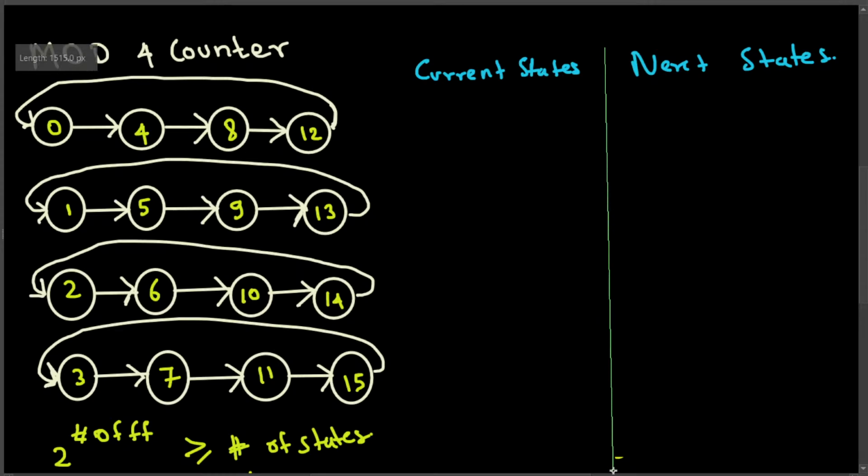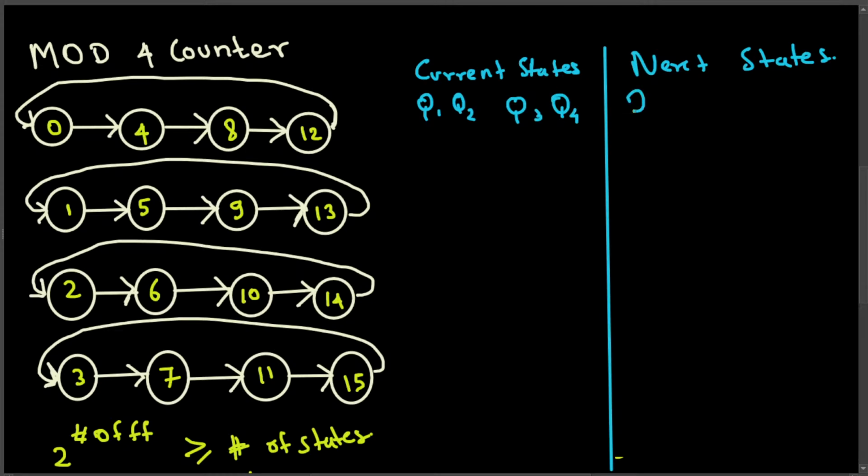Okay, let's do it right here. Let's name these Q1, Q2, Q3, and Q4. The next states are going to be Q1 star, Q2 star, Q3 star, and Q4 star.